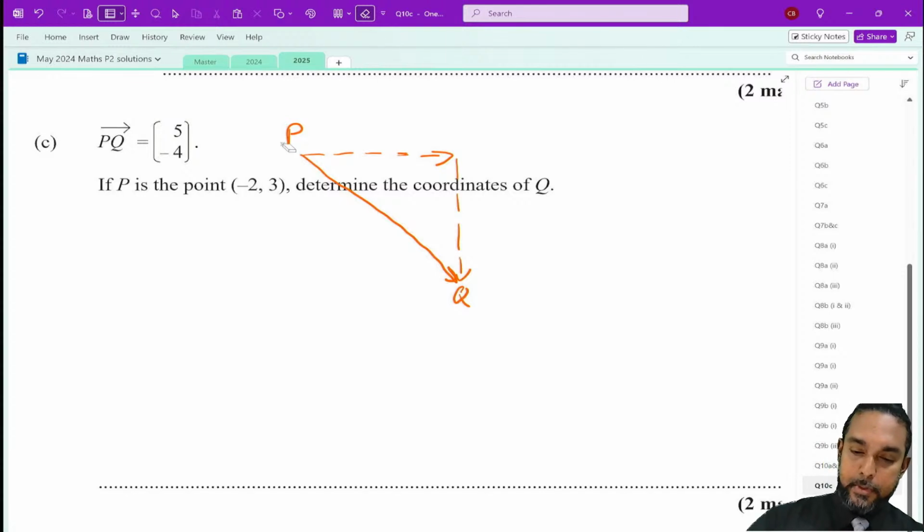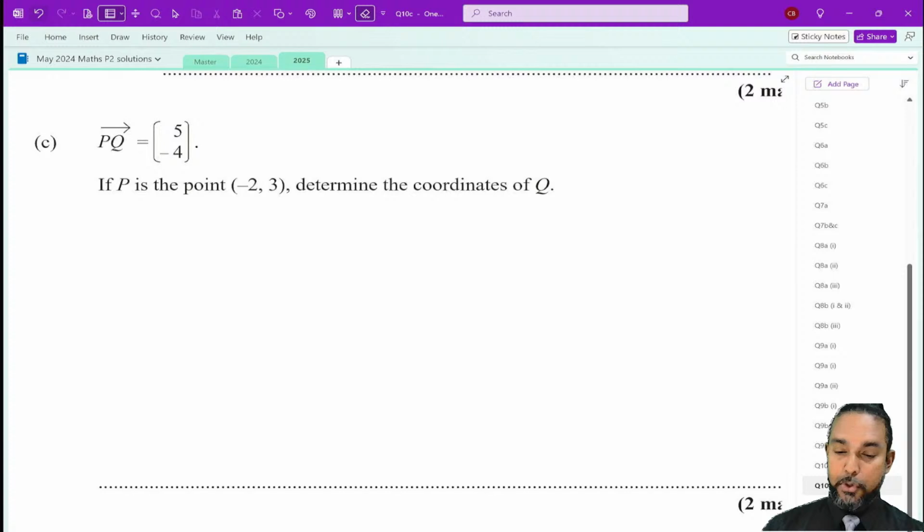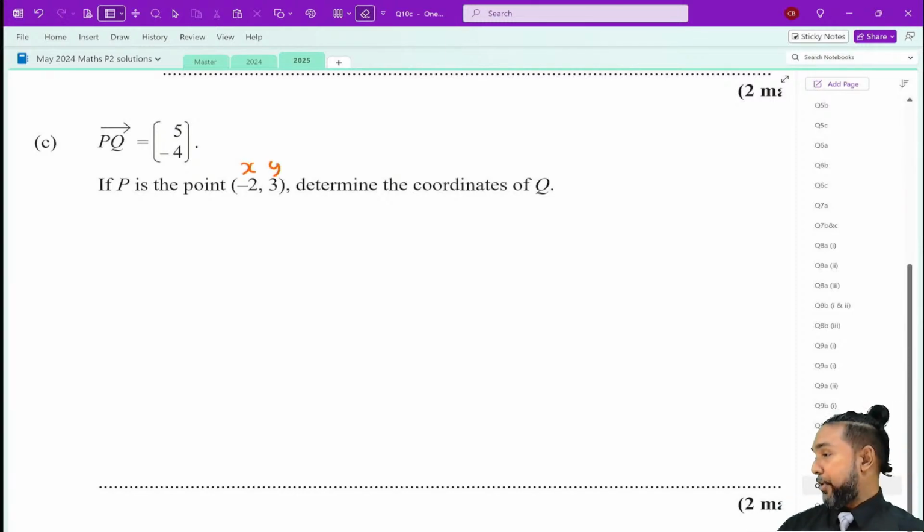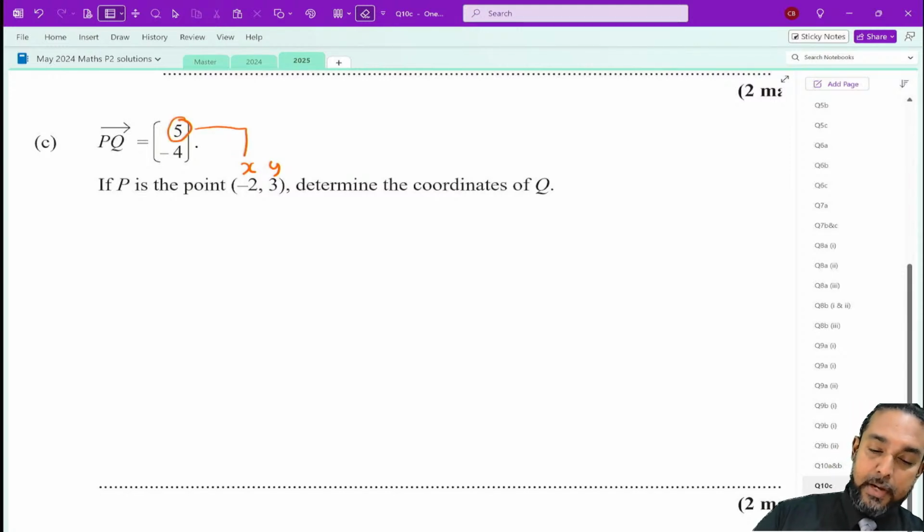Right, so if the point P is -2, 3, determine the coordinates of Q. Literally all you have to do, if we start off here, remember, this is the X coordinate, which is the horizontal. This is the Y coordinate, which is the vertical. So we're shifting 5 spaces to the right, which means you're adding it to that. And then we're shifting 4 spaces down, which means you're subtracting 4, right?